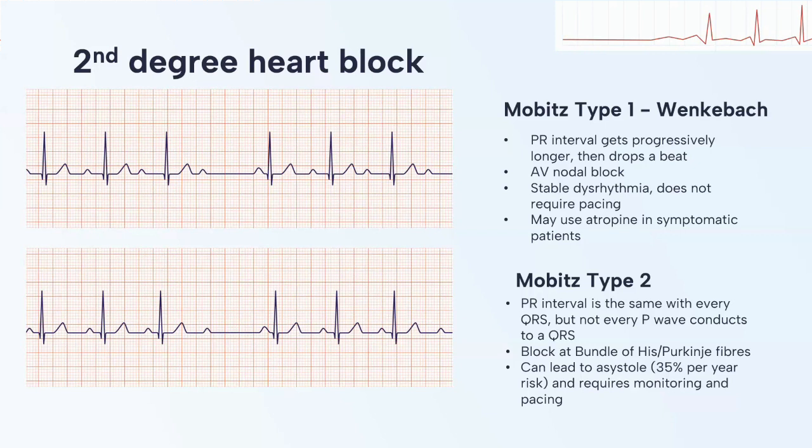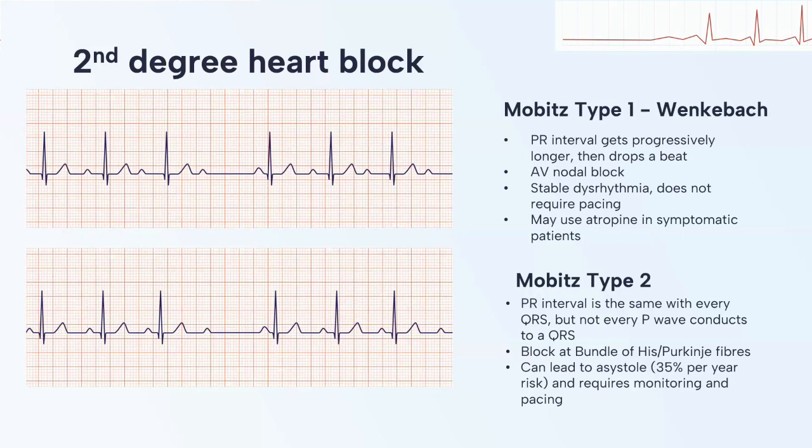This is generally caused by a block at the bundle of His or the Purkinje fibers, and it's not reversible. Whereas in type 1, the AV node was getting fatigued and it was a reversible blockade, these ones are permanent damage to either the bundle of His or Purkinje fibers.